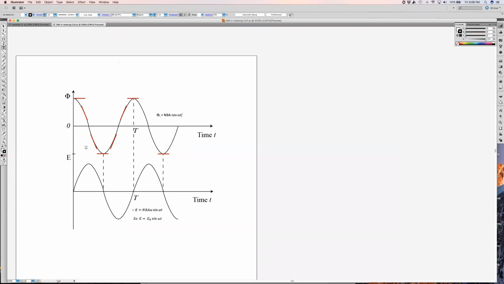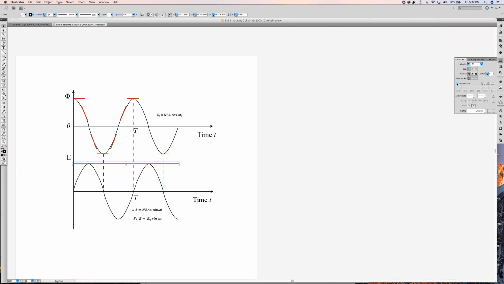What I want to do is move this down, carry it across, and make it into a dashed line. This is EMF on the axis here, and this value of EMF is NBA omega.